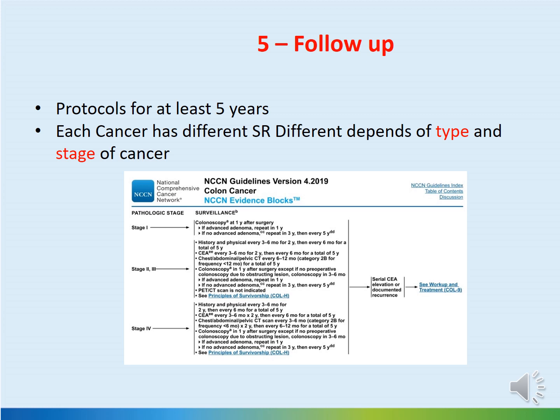Follow-up is very important after finishing the treatment, either by surgery or other type of treatment. We have to keep the patient for follow-up for at least 5 years. Why 5 years? Because the most common time to develop relapse or recurrence after the treatment is the first 5 years, and for sure the first 2 years is the riskiest time after finishing the treatment.